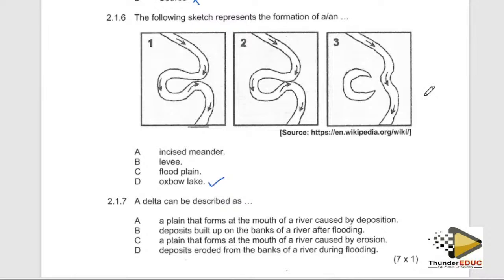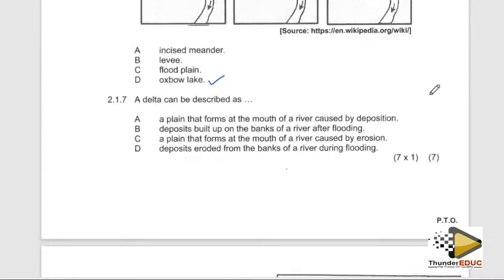2.1.7, a delta can be described as a plain that forms at the mouth of a river caused by deposition, which could be correct. Let's check other options. Deposits built up on the banks of a river. No, this is wrong.